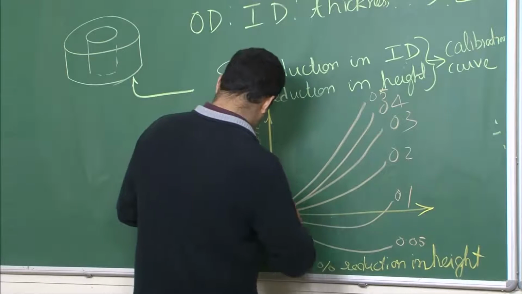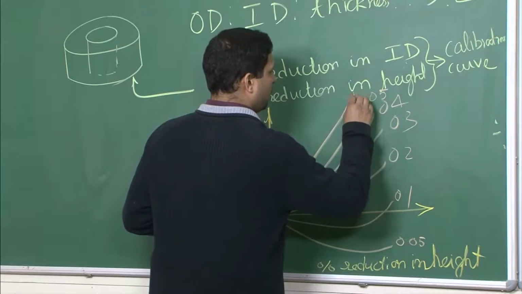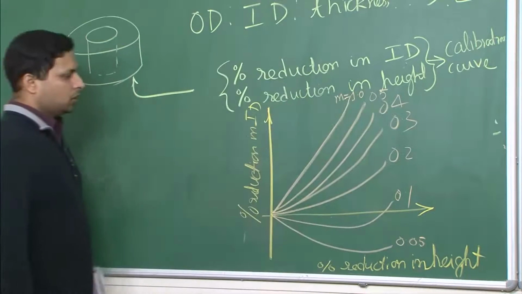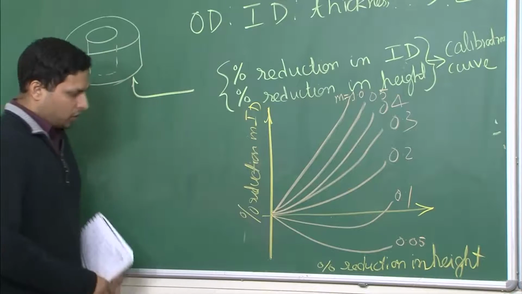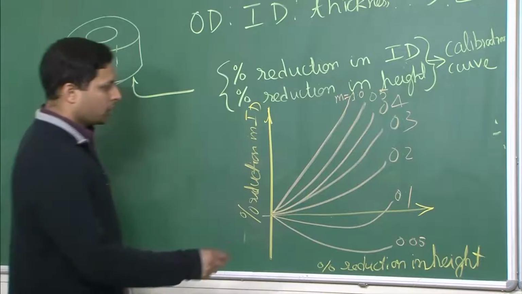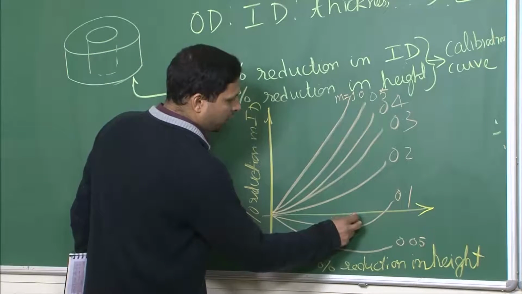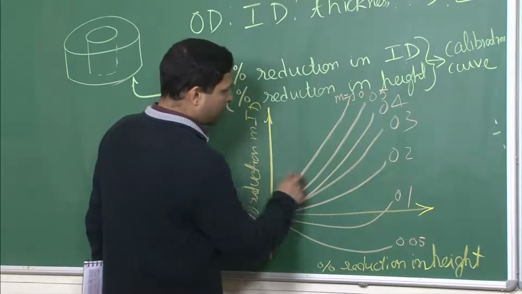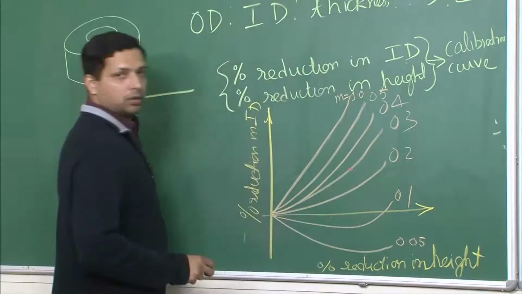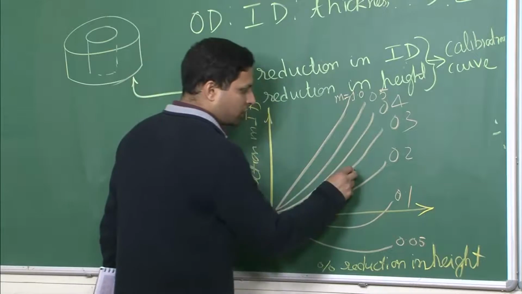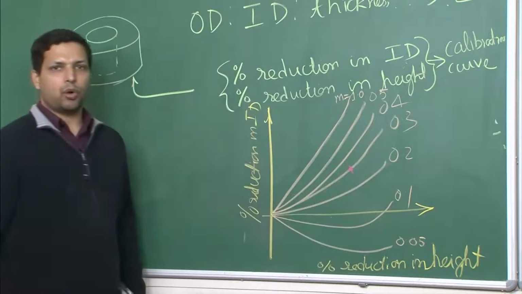You can keep on going like this, and you can get up to m equal to 1.0. So, for example, let us say you get percentage reduction in height somewhere over here and percentage reduction in inner diameter somewhere over here. So, this would imply that the friction condition or the m value for this particular case was 0.3.